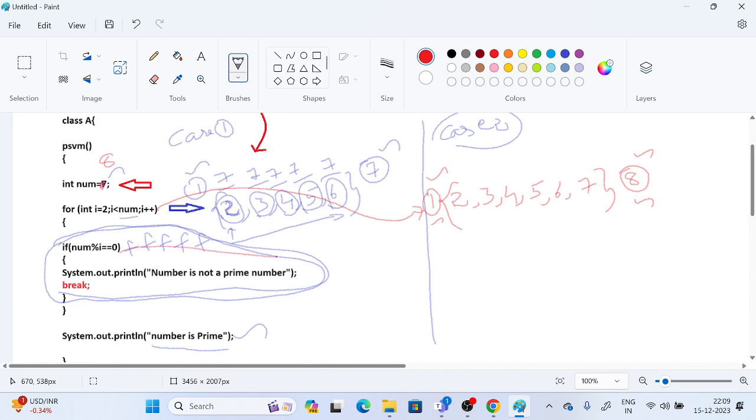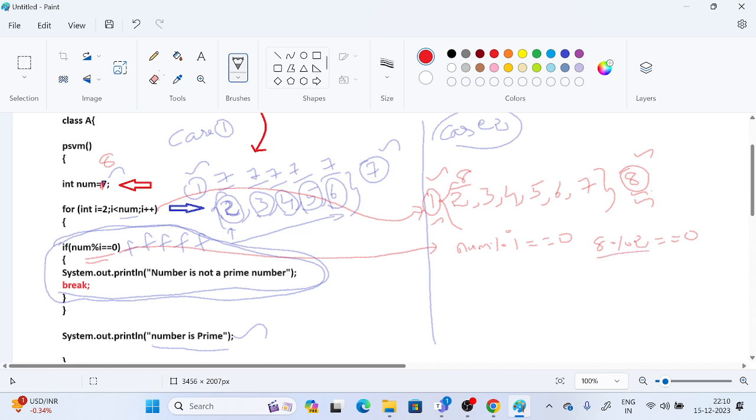So take this line. Here the first condition is number % i equal to 0. Here the number is 8. The first factor is 2. 8 % 2 is 0. 8 divided by 2 gives me the remainder of 0.